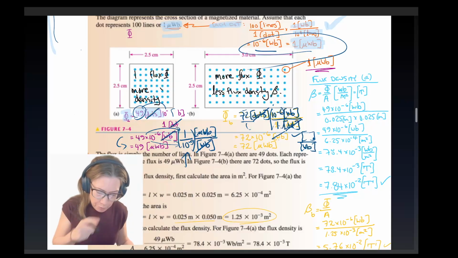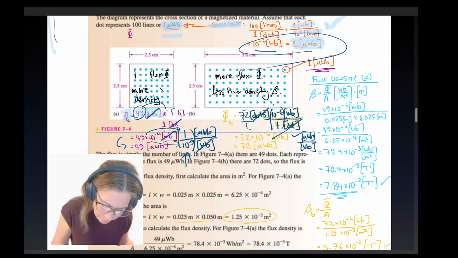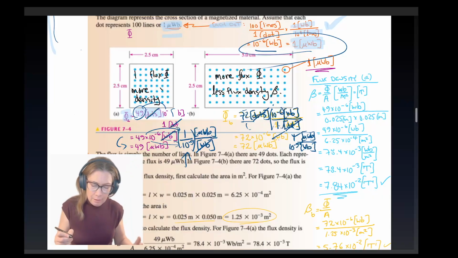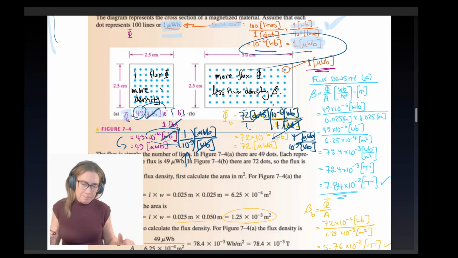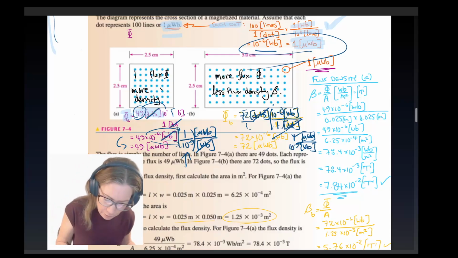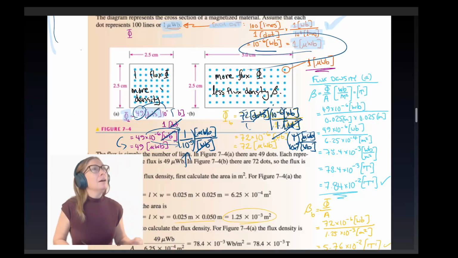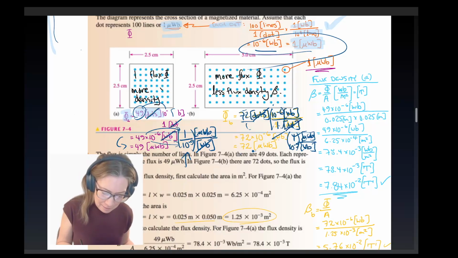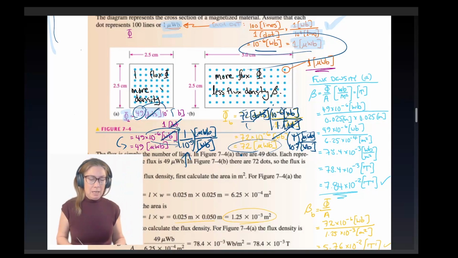And so per Weber, I want microweber, and per 1 microweber, I have 10 to the negative 9 Webers. So now I can do that math. 72 times 10 to the negative 6 divided by 1 times 10 to the negative 9, and I get 72 microwebers.